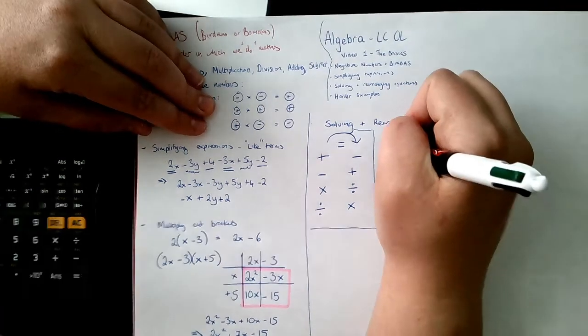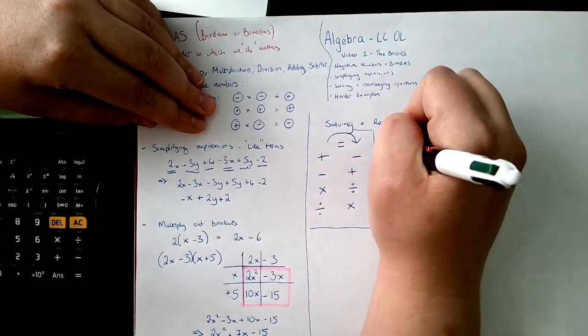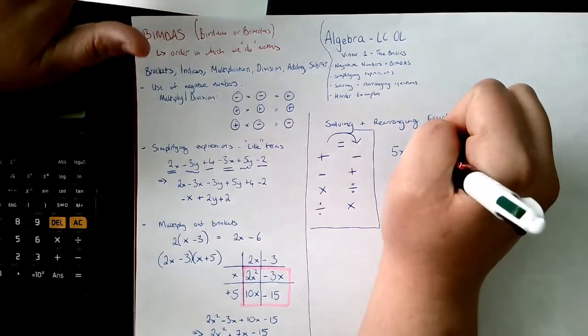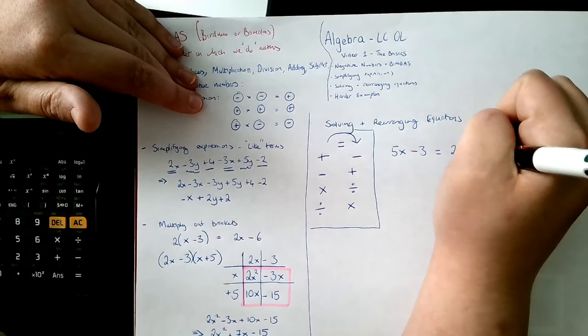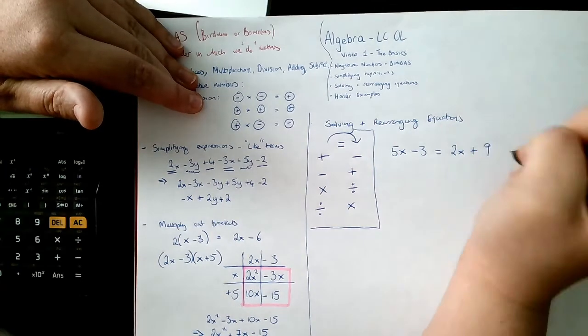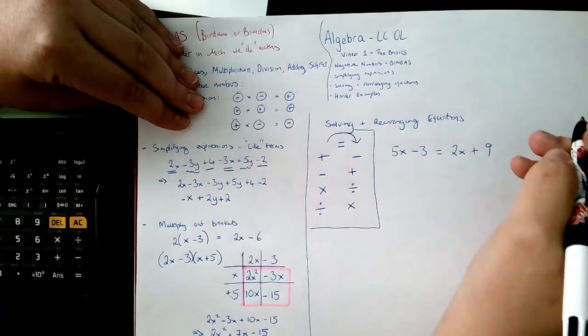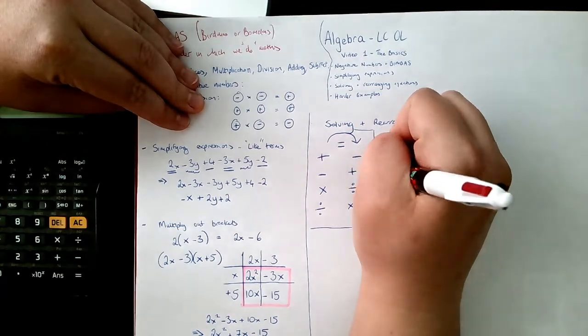So if I say to solve 5x minus 3 is equal to 2x plus 9, I bring all of my x's to one side.